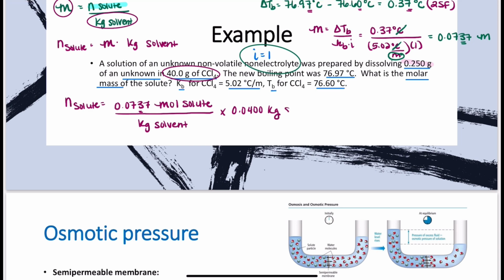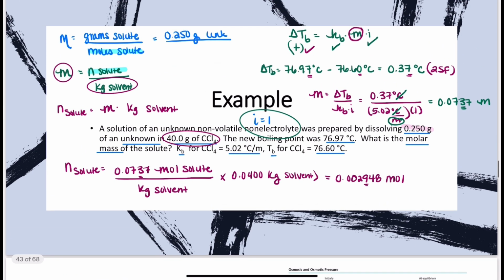Or you can write solvent. I don't really care which one you write. Just label your stuff. Calculate this out, and I get 0.002948. But again, my sig figs are here. So I could even say 0.00295. It doesn't matter. I just know where my sig figs are. But now I can go back up and actually put that down here. 0.002948. Mark your sig figs though.